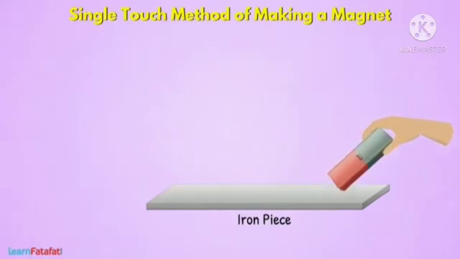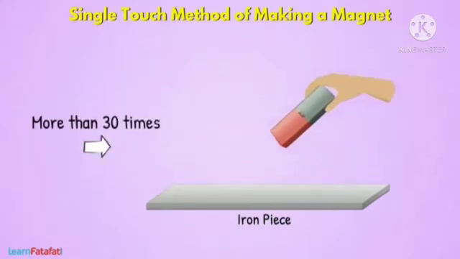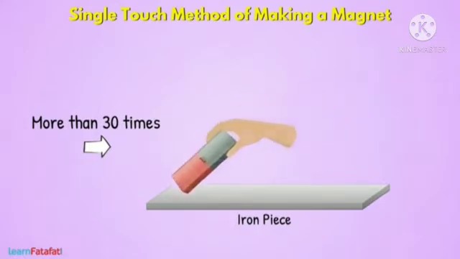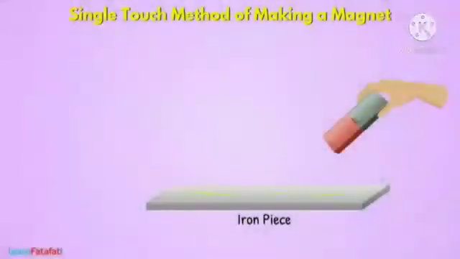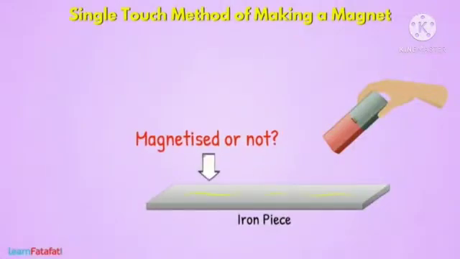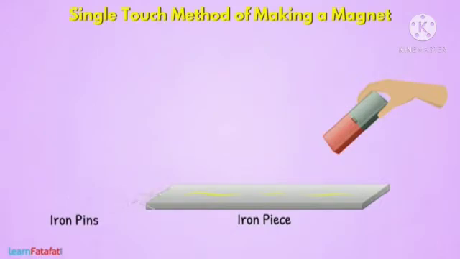Without lifting the bar magnet, move it along the length of the iron bar till you reach the other end. Now lift the magnet and bring the pole to the same point of the iron bar where you began. And repeat this process about 30 to 40 times.